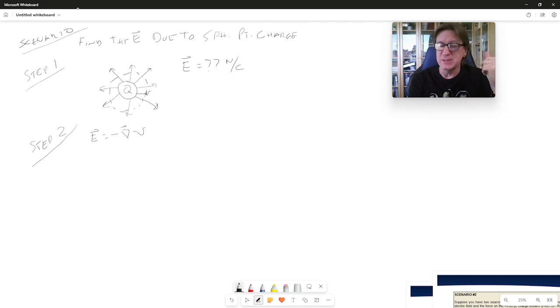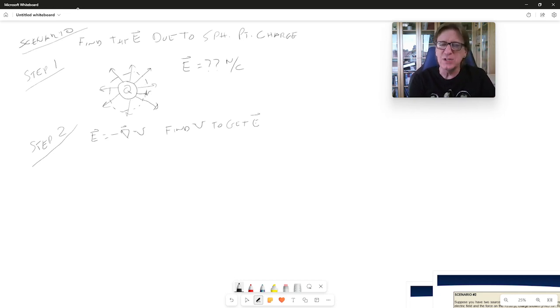This particular one applies in pretty much all cases. So here's my gradient operator, which is a vector, and then my electric field, which is also a vector. Well, okay, that introduced a new symbol, and I don't know exactly what this one is. So I'm going to need to find the electric potential to get E. All right. So that's kind of my rough idea.